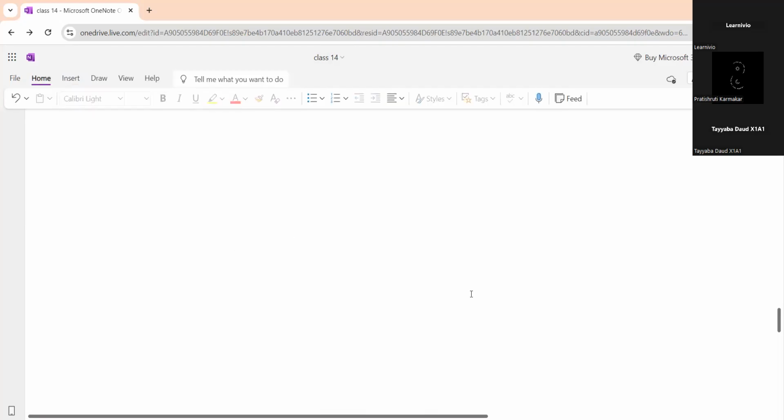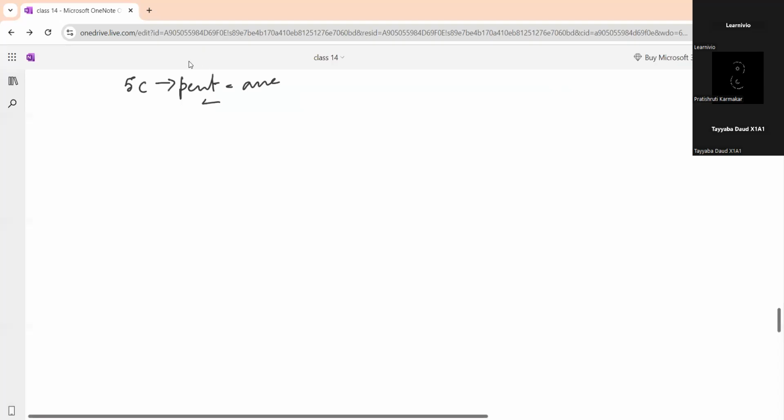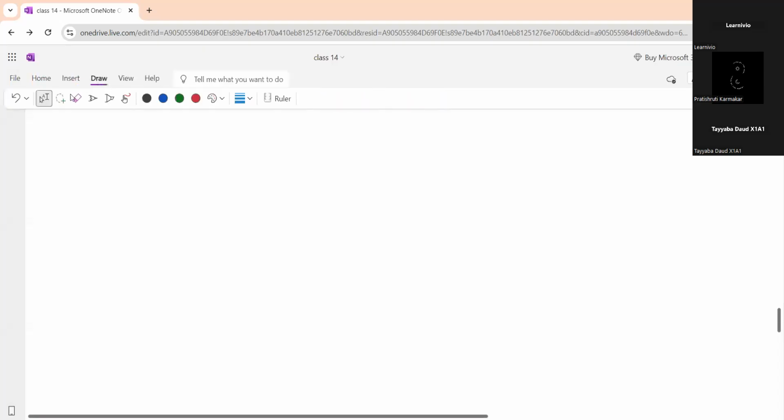Oh, the table is not working. Ma'am, you can check it on draw. In the draw option, there is no shape.